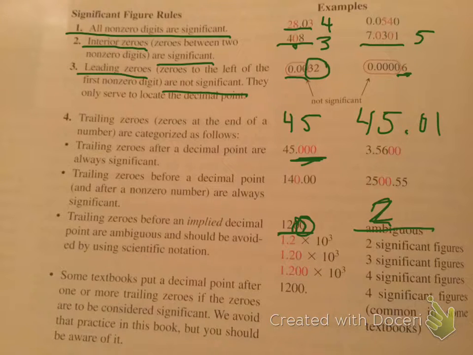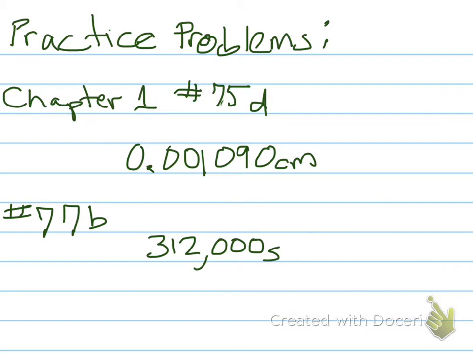So let's move on to some practice problems. Number 75D in chapter 1 says underline the zeros that are significant and draw an X through the zeros that are not. So we're looking at D. So these zeros are leading zeros. They're not helping with the precision of the measurement. So they are not significant.